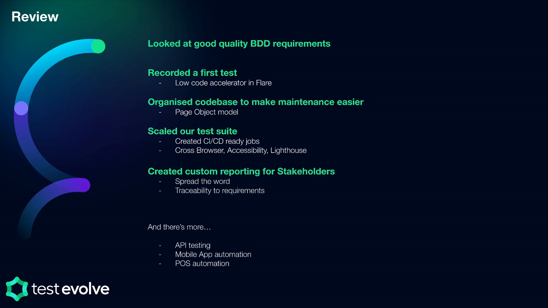We showed how to create custom reports for stakeholders. So it's important that you've created this regression test, and then you keep adding regression tests to it. You build up a critical regression pack.